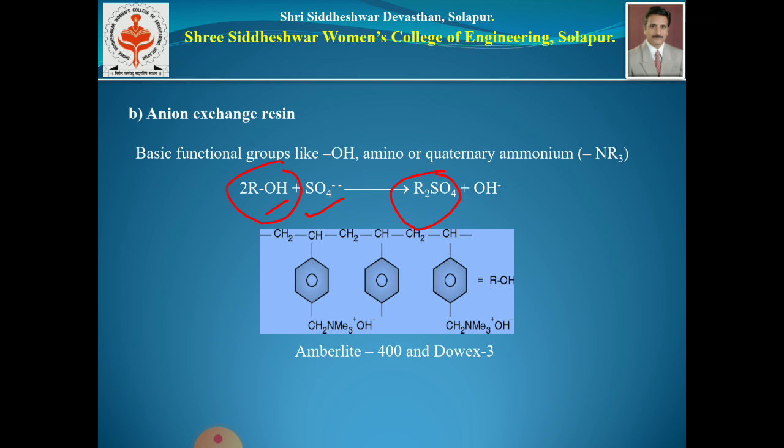Commercially available anion exchange resins are Amberlite 400, Dowex 3, etc.